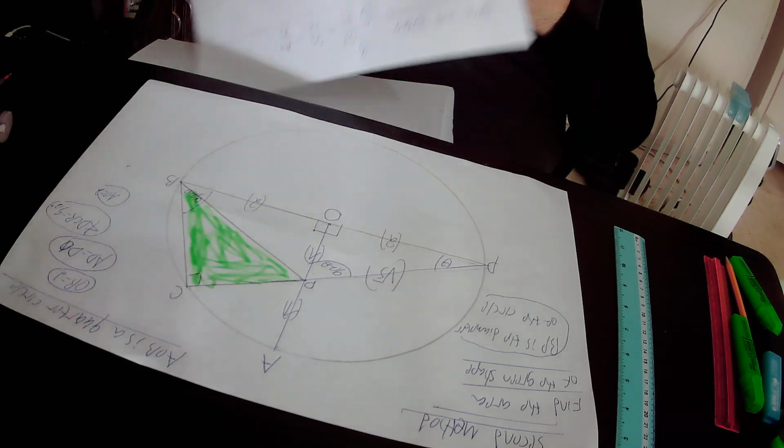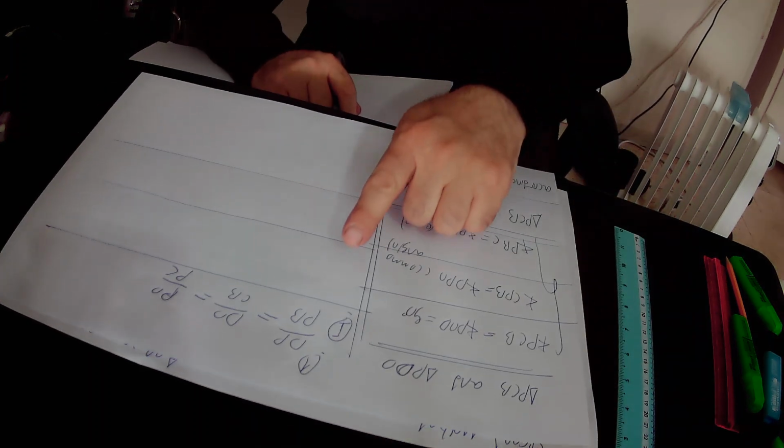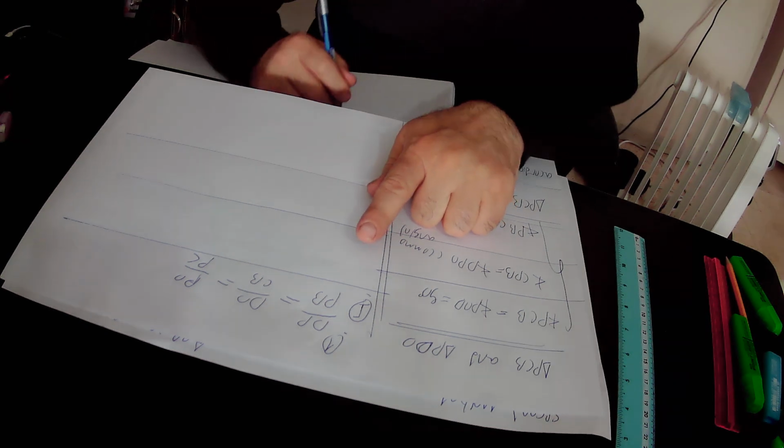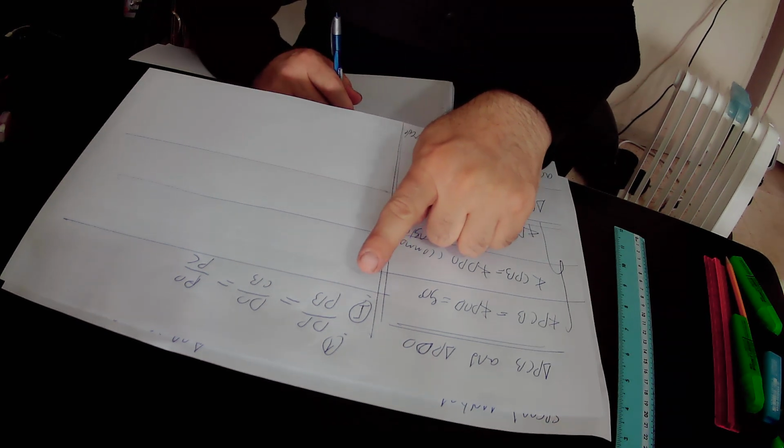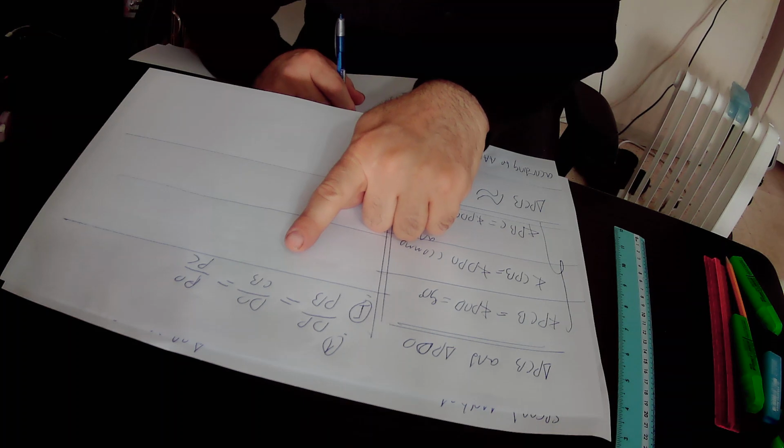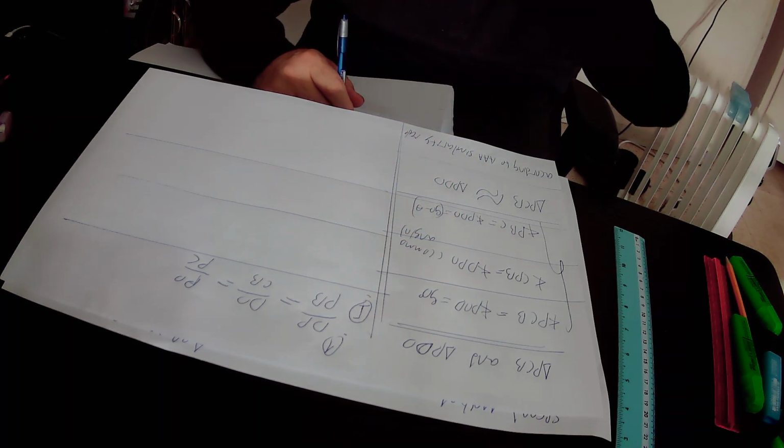And again, I found out that DP over PB equals DO over CB equals PO over PC.